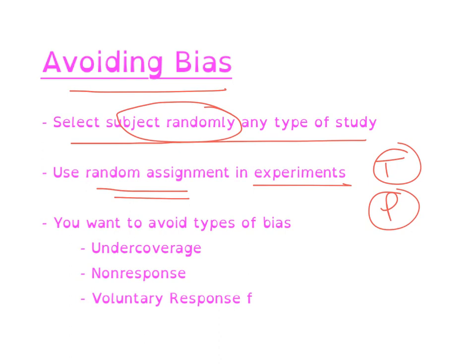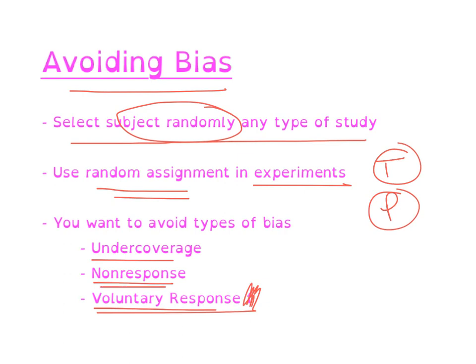There are types of bias. There's undercoverage, non-response, and voluntary response bias. Voluntary response means that you're only getting volunteers to respond to your study. This could be a problem because certain people may want to be involved in the study for certain reasons that may impact your responses.